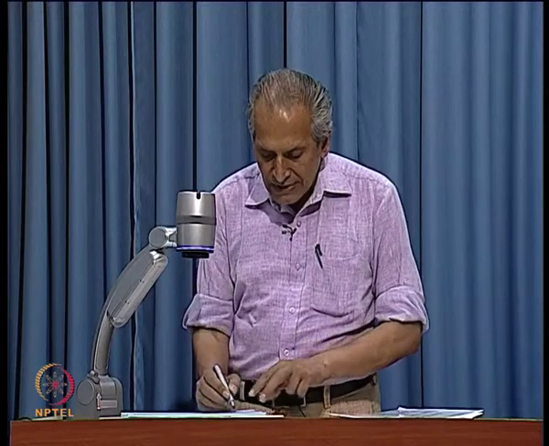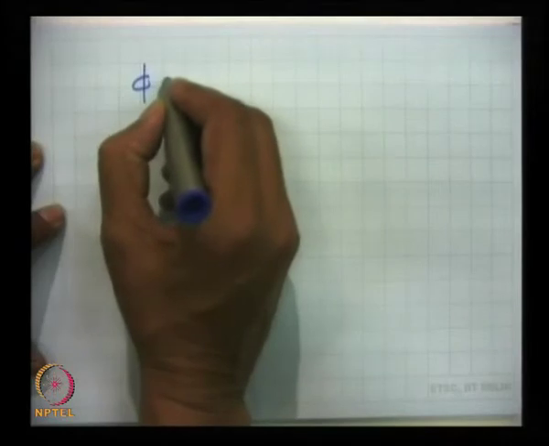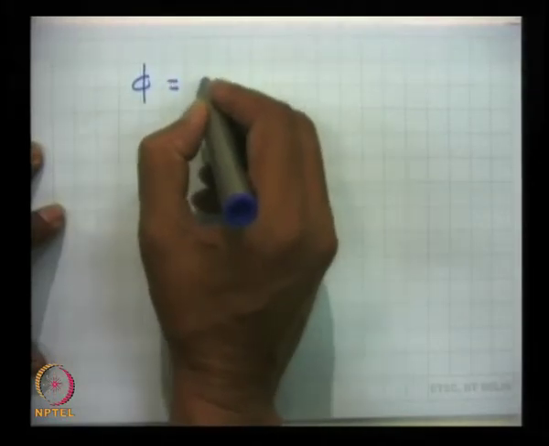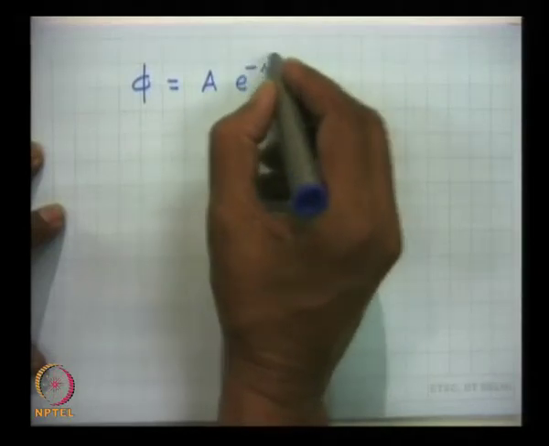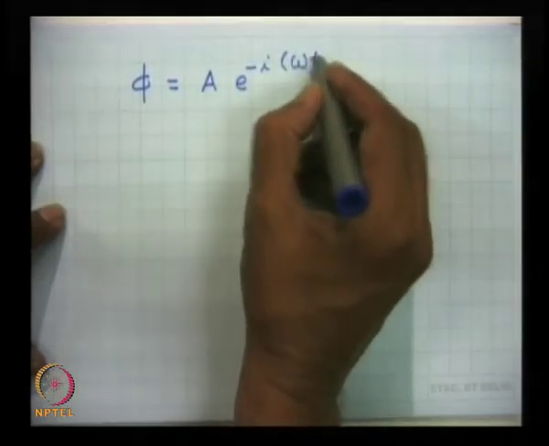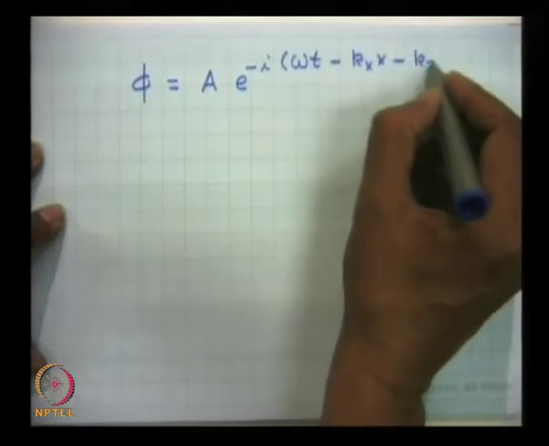Now, let me consider a wave in the plasma, an electrostatic wave in the plasma with amplitude A exponential minus i omega t minus kx x minus kz z.